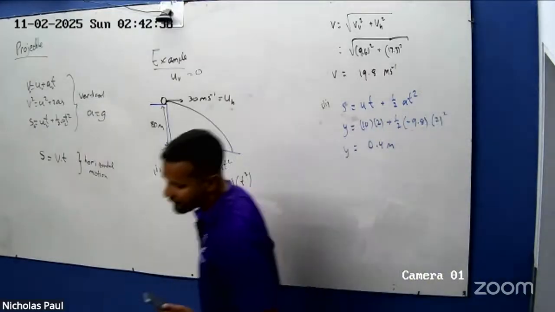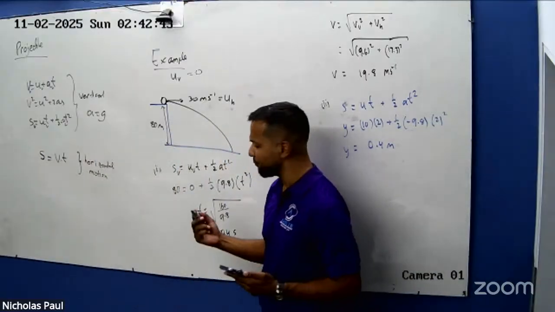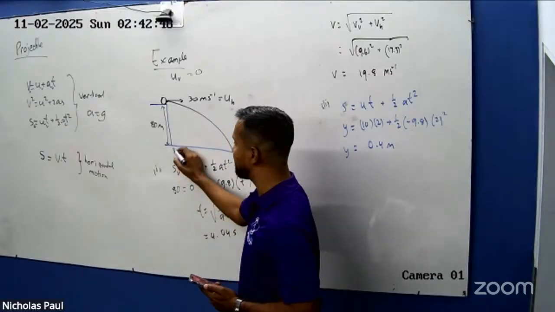To the next part. Next part is what? Horizontal distance travelled. So what are they asking for, Adam? What are they asking for? Horizontal distance travelled.